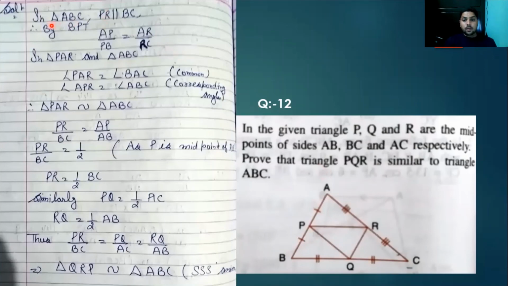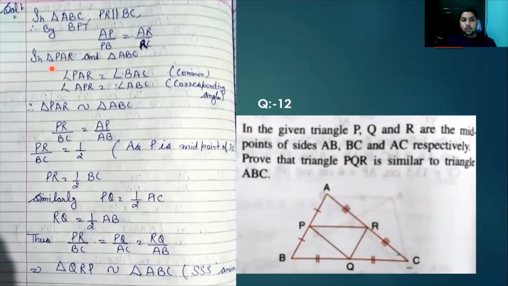Now, in triangle ABC, PR is parallel to BC. Therefore, by the BPT theorem, AP upon PB is equal to AR upon RC. The ratio will be the same.